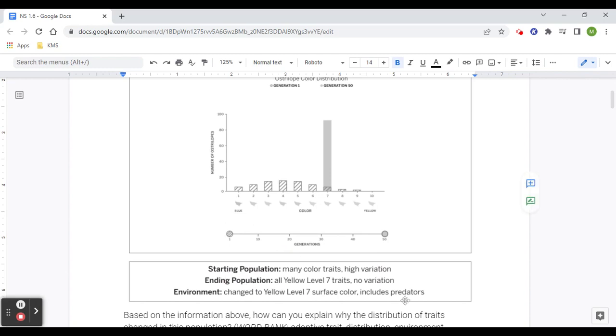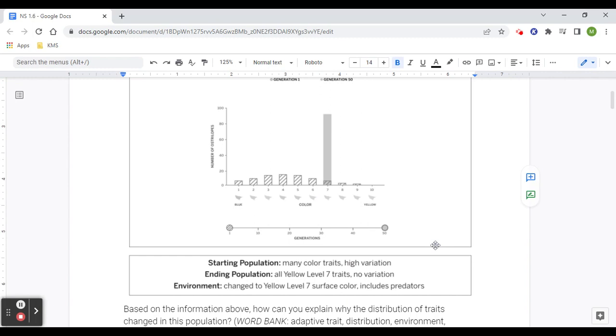And the ending population is all yellow level 7 traits with no variation, right? No variation meaning there's only one color. And then it also tells us the environment changed to yellow level 7 surface color, and it included predators. So the fact that it includes predators, if you remember from one of the previous lessons, that forced all these other things to die off, right?